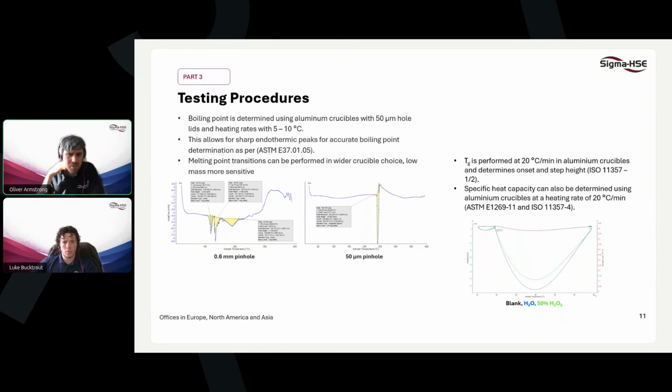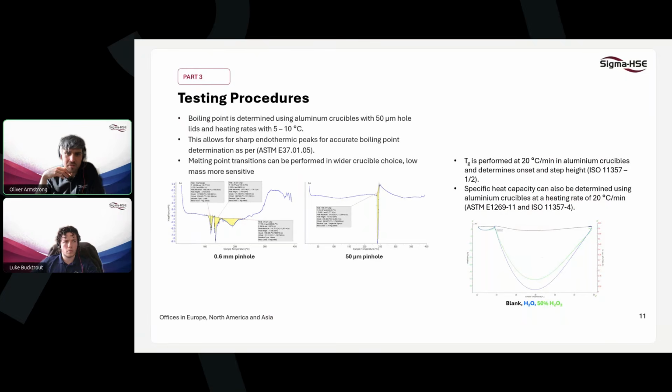So we've referenced a lot of ASTM methods, especially in the previous section 2 with exothermic activities. But you may have seen here in this section 3 for thermophysical events, we've cited more ISO methods.